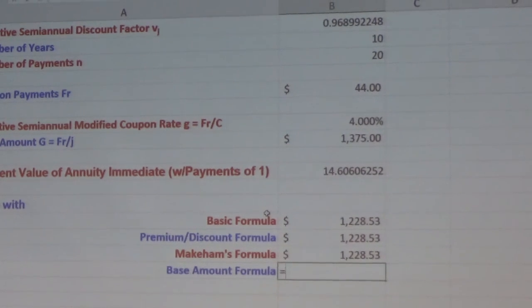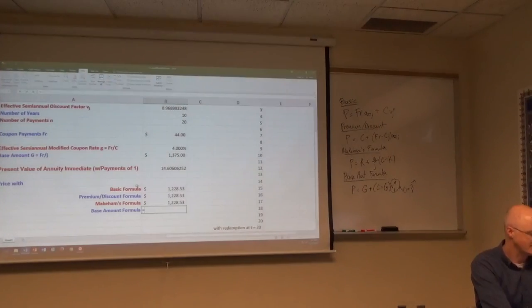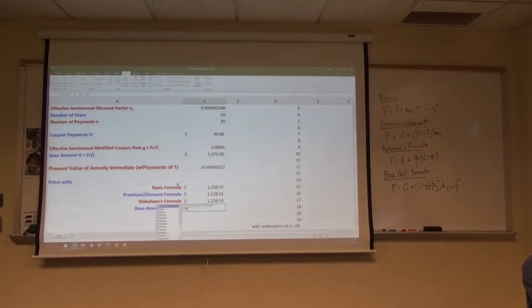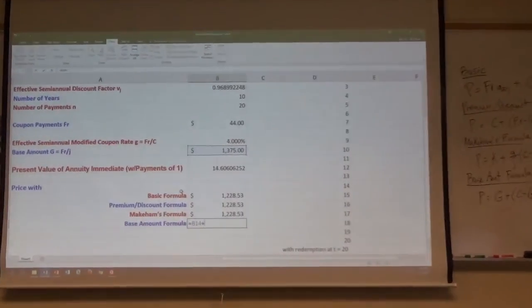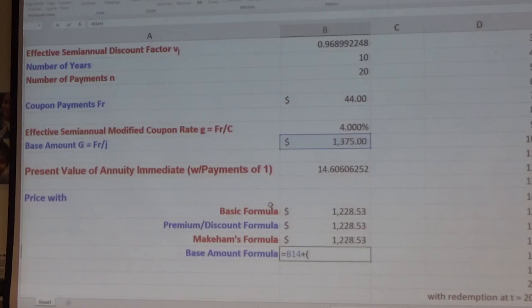Finally, we use the base amount formula, confirm we get the same thing. Capital G is in cell B14, plus C minus G, again, C is from B2, minus G, which was again in B14, times V to the N, B7 to the B9 power.